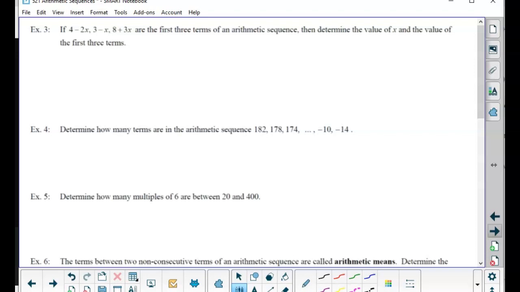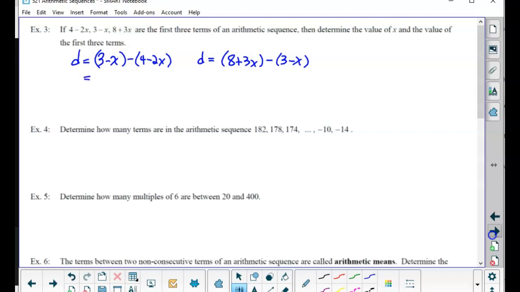So you have to think about, if they're arithmetic, then there's a common difference. So remember, the common difference is the difference between the second term and the first term. It's also the difference between the third term and the second term. And then it's got to be the same, right, if it's arithmetic.